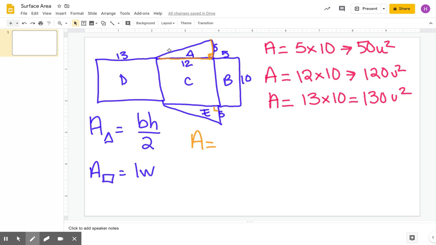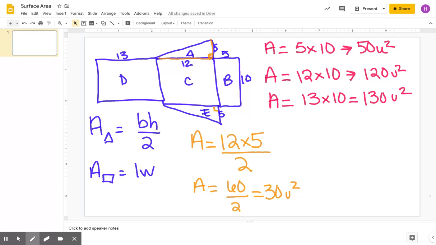We don't need this at all. So we're going to take our base of 12 times the height of 5, and we're going to divide that by 2. So now that's 60 divided by 2, which is 30 units squared. So if this is 30, then this is also 30.